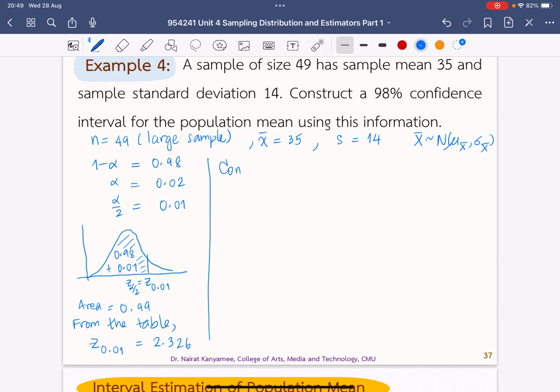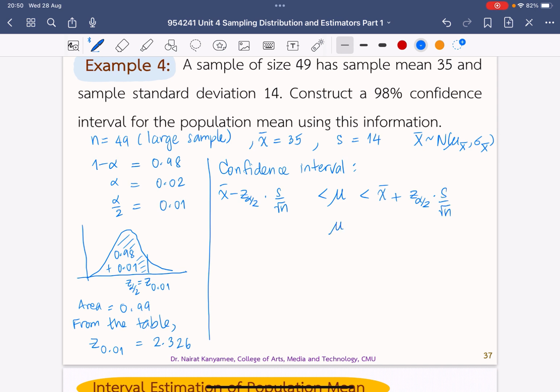So the confidence interval is between: mu greater than x bar minus z alpha over 2 times s over square root n, and less than x bar plus z alpha over 2 times s over square root n.